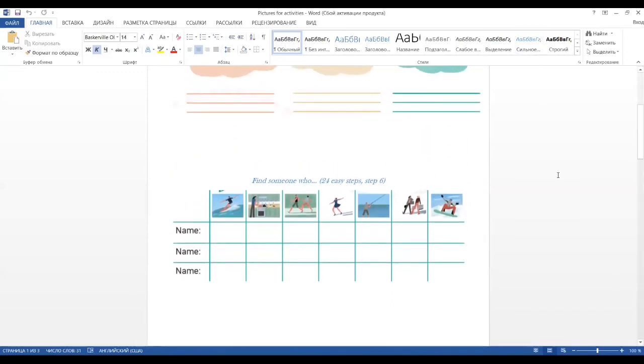If you see that you have fast students and quite slow students, you can change the activity. For fast students, you can leave some space for them to write their own questions, and for weaker ones, just write the question and ask them to read it, and to ask their partner and just write the name of the partner. Let's go to the next one.